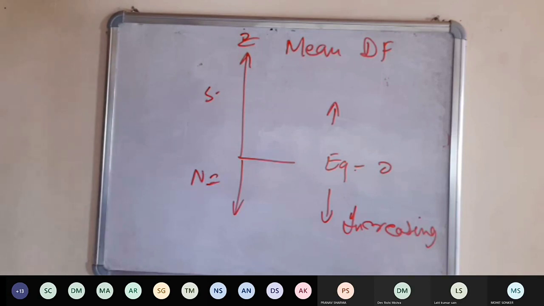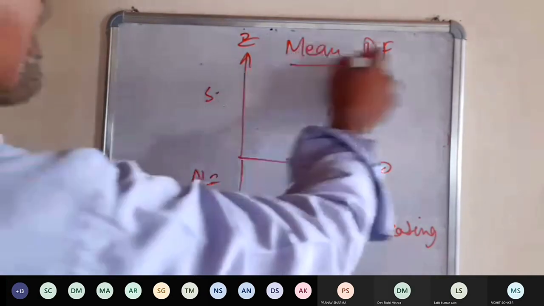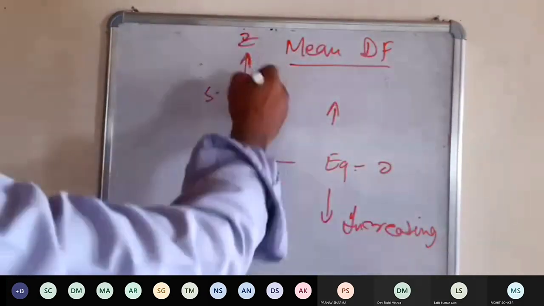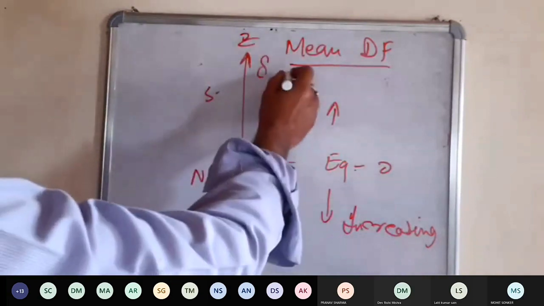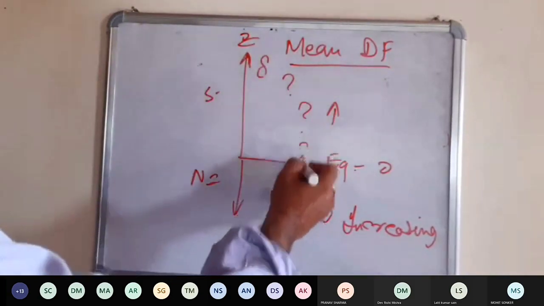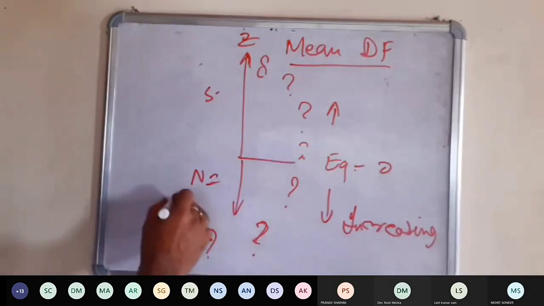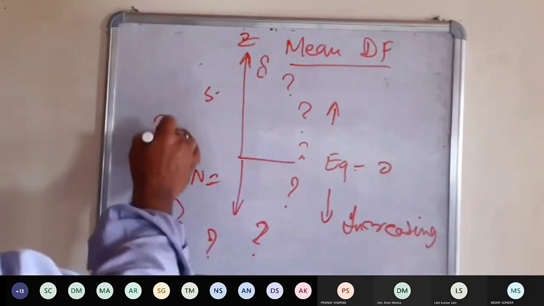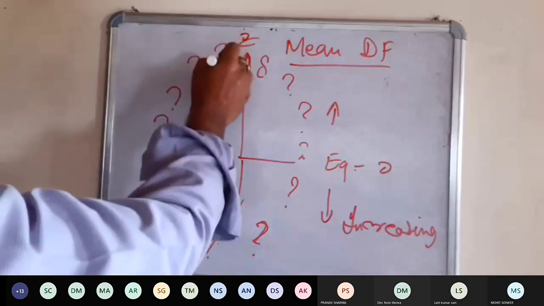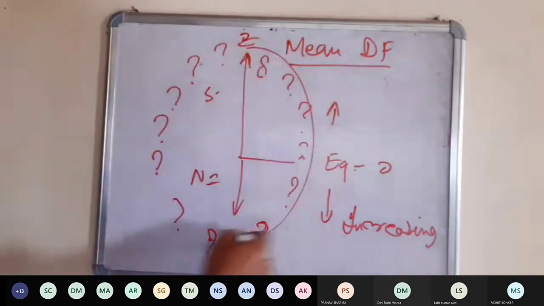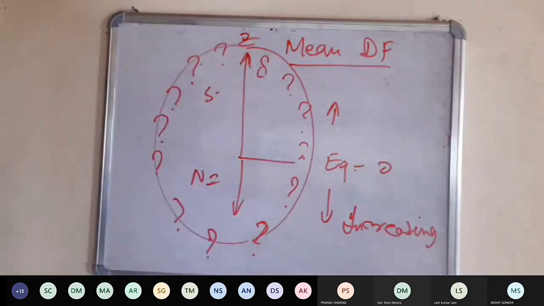So what the mean DF is, is how much the change was here, how much here, how much here, how much here, the overall movement of the compass. How was the overall change?